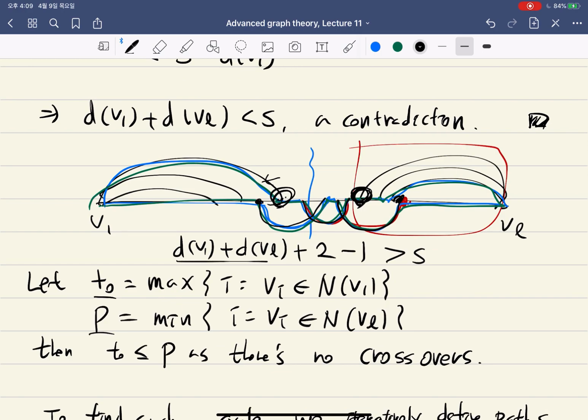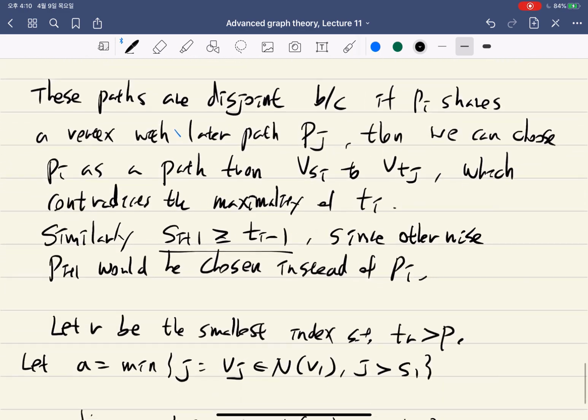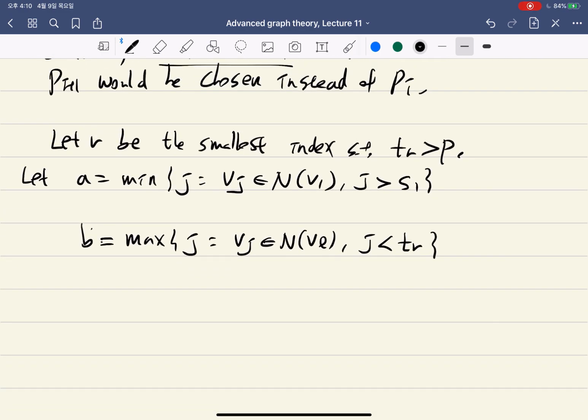So exactly in here we have this is A and this is B. So this A could be T0 and B could be P. Since S1 is strictly smaller than T0 and TR is strictly bigger than P, T0 and P satisfy this condition.